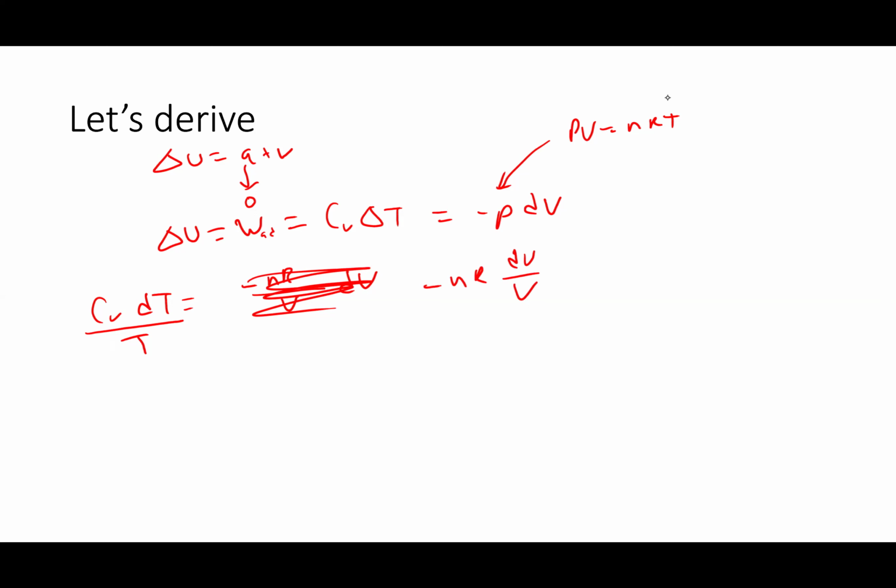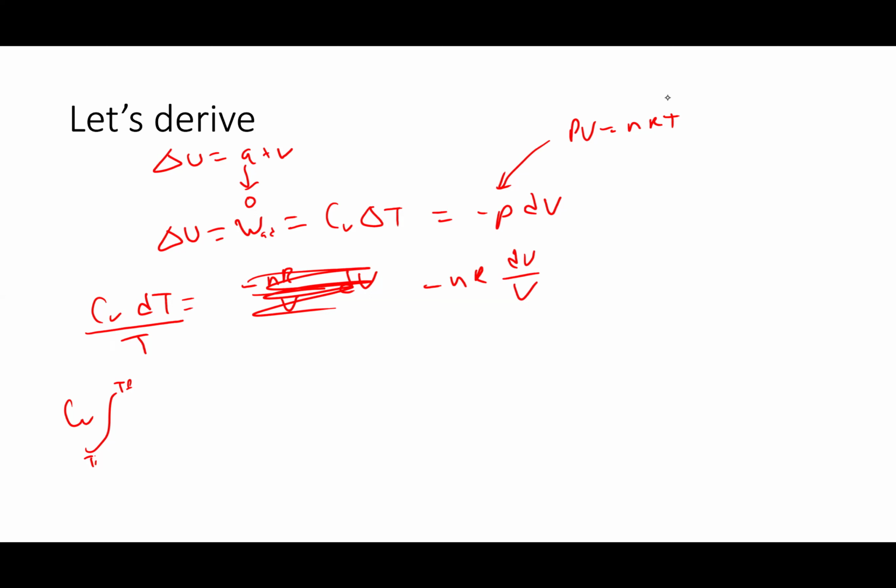Now, if we wanted to integrate this expression over a change, over here we have a change in temperature, and there a change in volume. On the left-hand side, the temperature goes from an initial temperature to a final temperature. CV is just going to be a constant in this case; we're going to assume it's a constant over this temperature range.